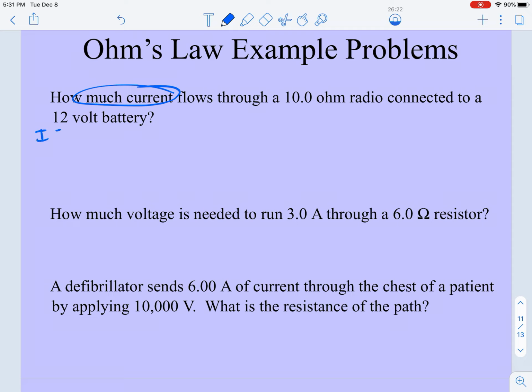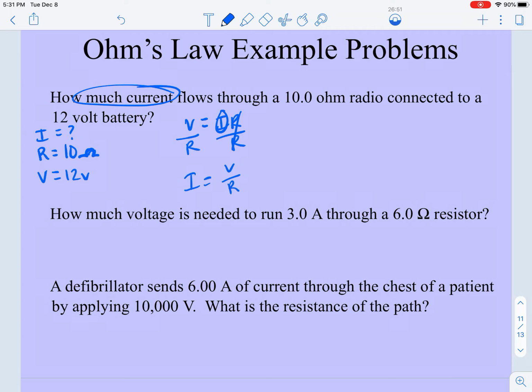It says for question number 1, how much current flows through a 10 ohm radio connected to a 12 volt battery? So I am being asked for my current, how much current. They give us a value of 10 ohms for my resistance, and drawing that ohm symbol sometimes takes some practice. Connected to a 12 volt battery.